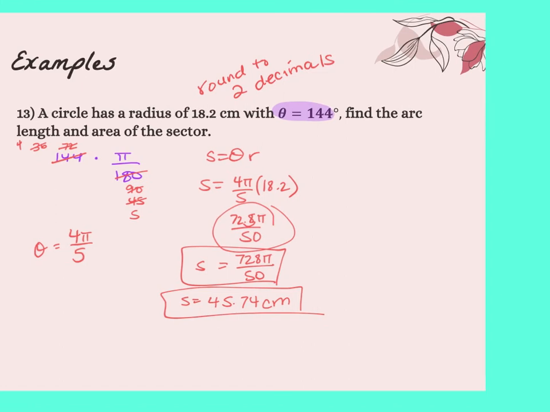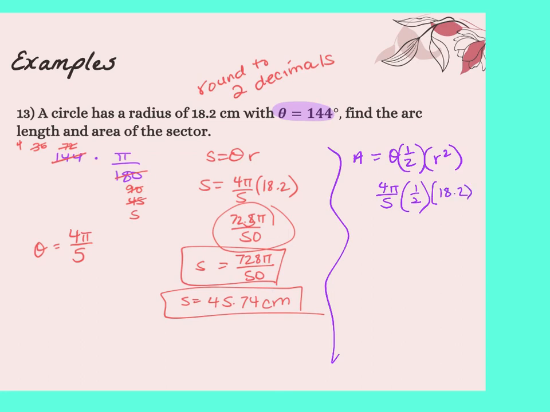Okay, then area: theta, 1/2 r squared. Theta is 4 pi over 5 times 1/2 times 18.2 squared. So we did the 18.2 squared already.